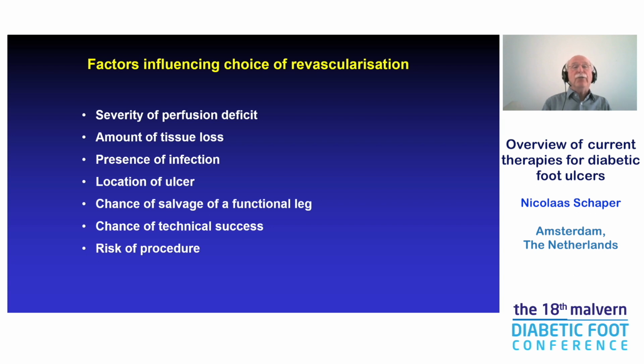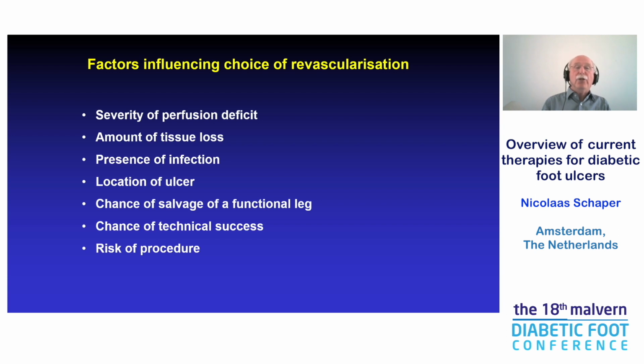Well, factors influencing the choice of revascularization are, of course, the severity of the perfusion deficit, but it's not only that. You can have moderately impaired perfusion, but with a very large ulcer or with a lot of necrotic tissue, then the threshold to perform revascularization should be lowered. The same applies for infection. The combination of infection and peripheral arterial disease is more than double trouble.